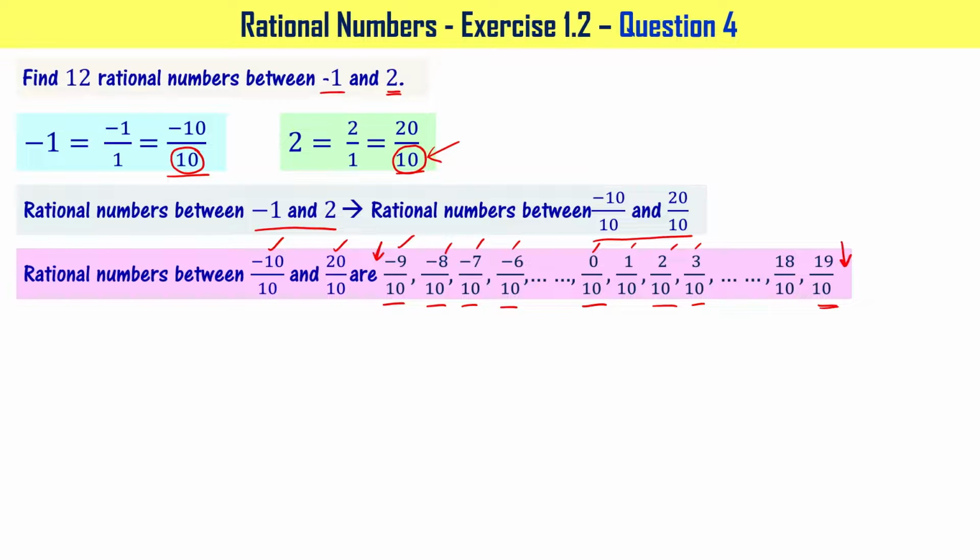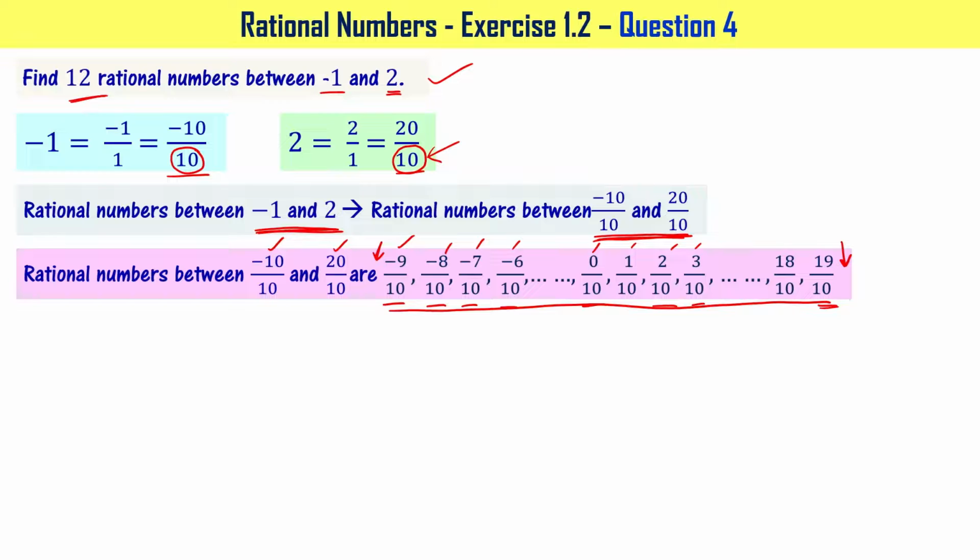Since we said that the rational numbers between minus 10/10 and 20/10 are in between minus 1 and 2, I can pick any of the 12 numbers from this particular list to answer the given question, right?